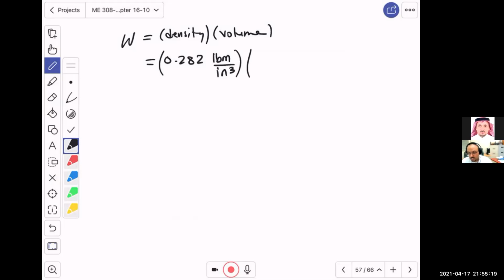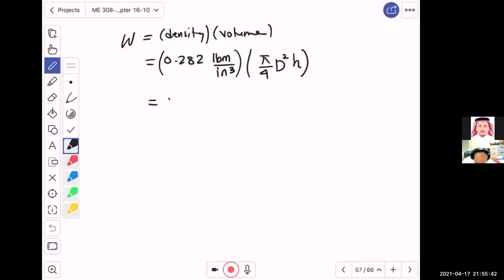It was 6 inches. So the area is equal to pi over 4 d squared. And then we have been given the thickness, which I'm going to call h. So the area times the thickness is the volume.